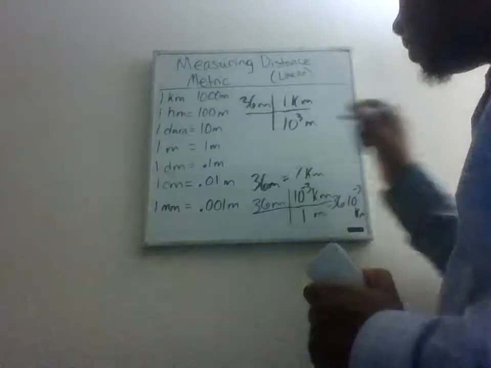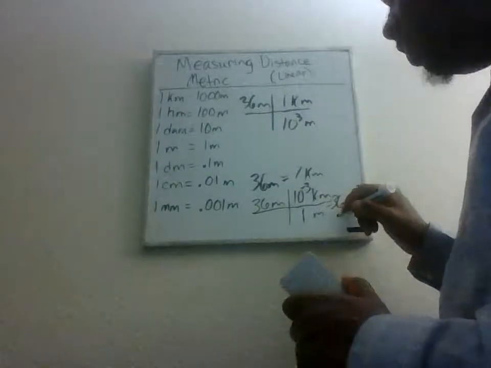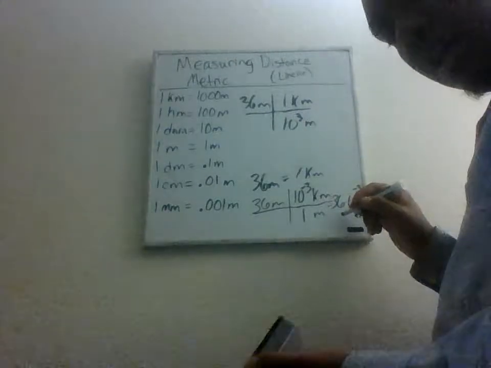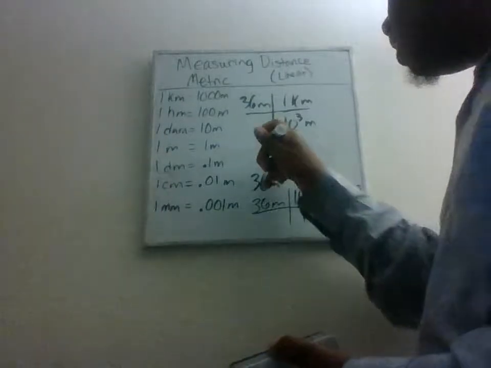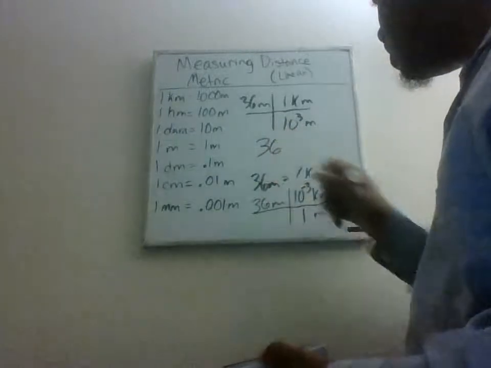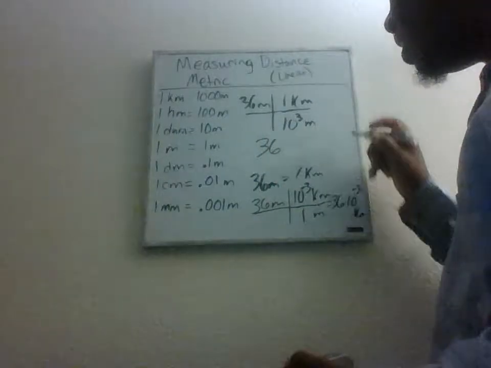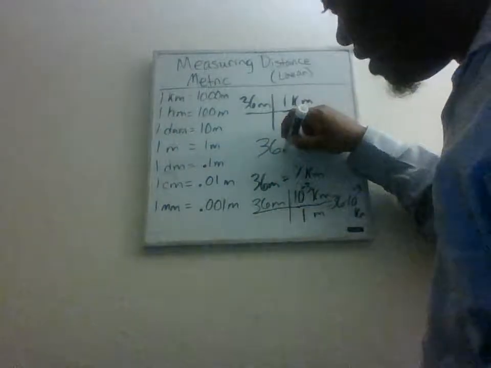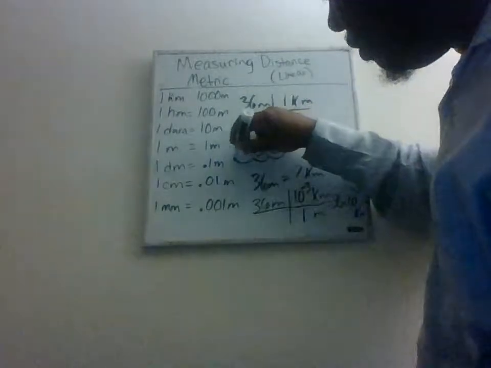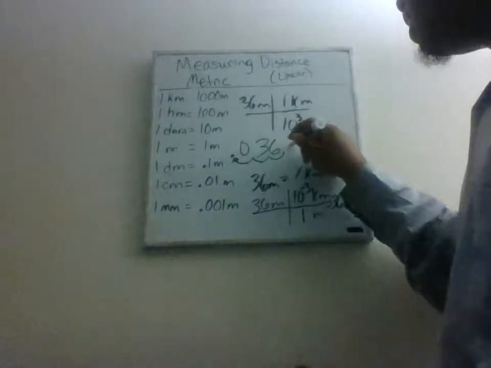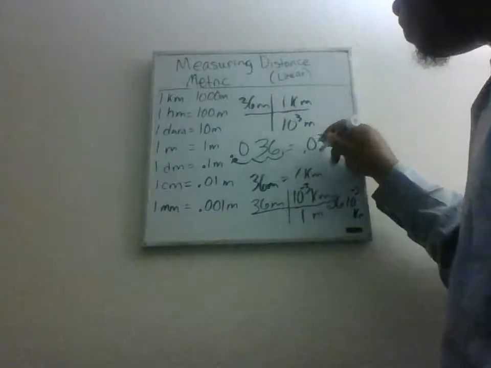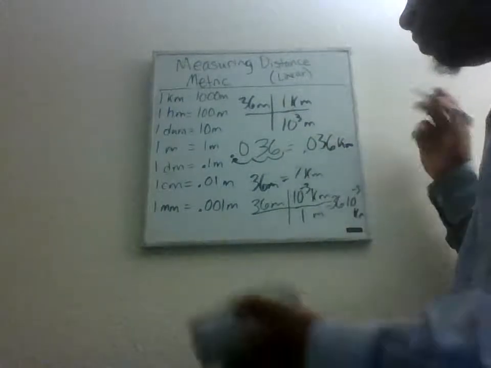Using how we translate from scientific notation to regular notation, we can say 36, this is times 10 to the negative third. We know then that we need to move our decimal over 1, 2, 3 places to put our new decimal. Our place value will go here. So this would be 0.036 kilometers.